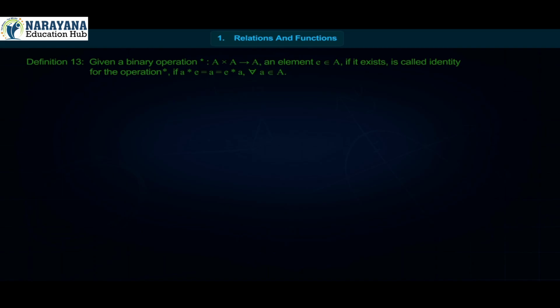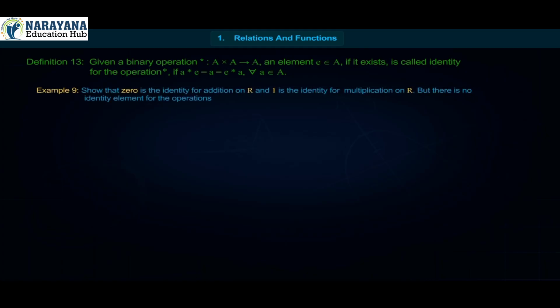Definition 13. Given a binary operation * from A × A to A, an element e belonging to A, if it exists, is called the identity for the operation * if a * e = a = e * a for all a belonging to A. Example 9.